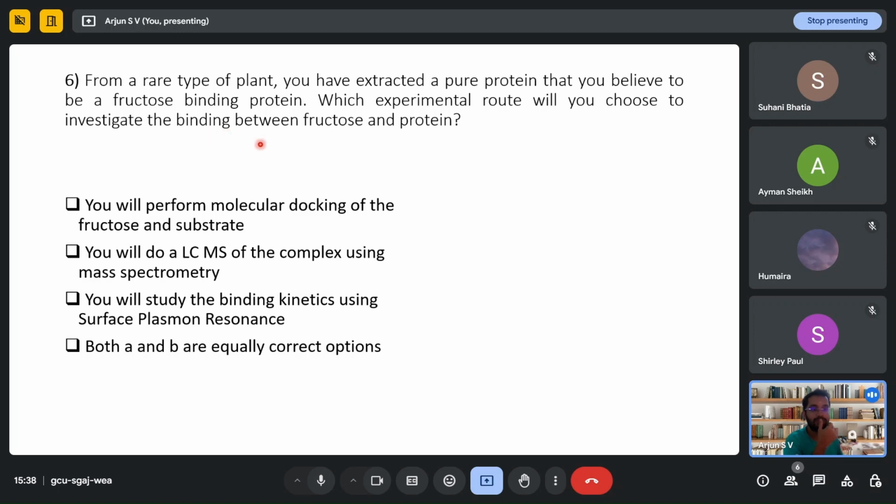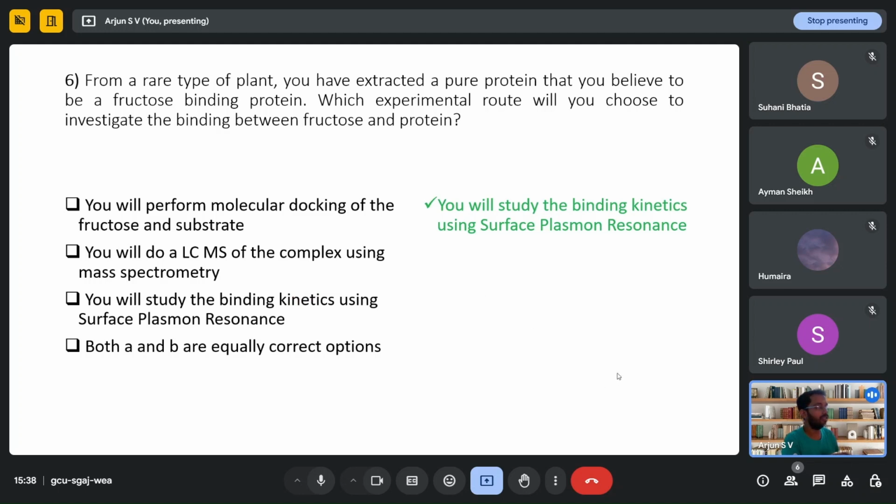Since you are studying the binding kinetics, the technique is going to be SPR, or surface plasmon resonance. So the correct answer is you will study the binding kinetics using surface plasmon resonance.